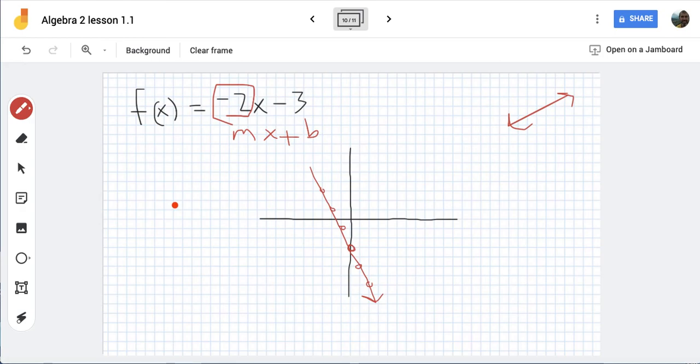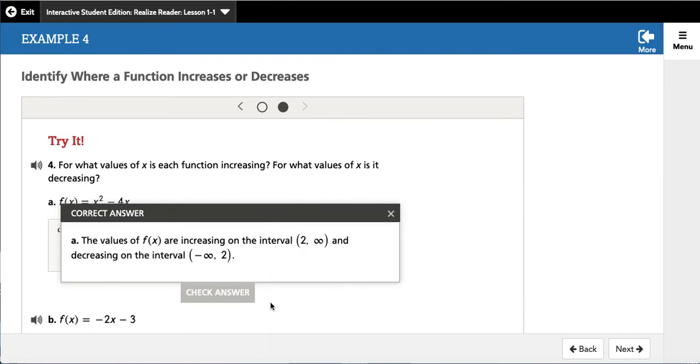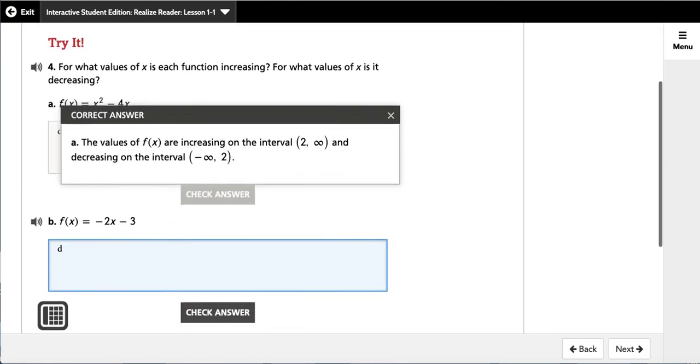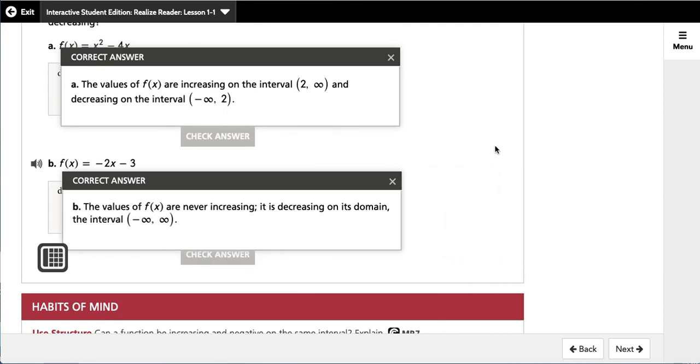So it's never increasing, and the interval for where it's decreasing is from negative infinity to positive infinity, because it's always decreasing. Let's see what they wrote. The values of f of x are never increasing. It is decreasing on its domain, the interval from negative infinity to positive infinity.